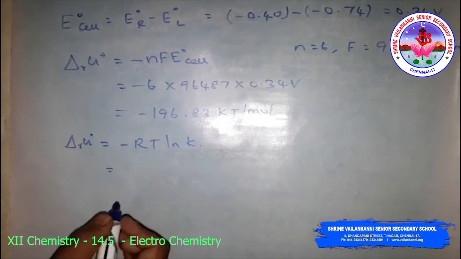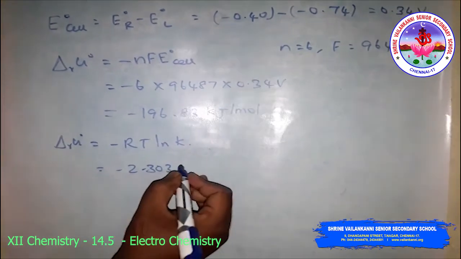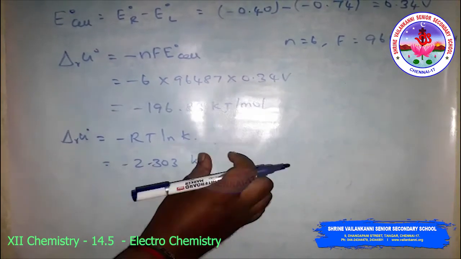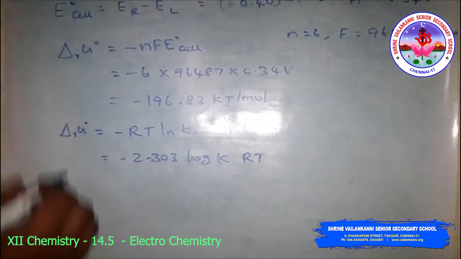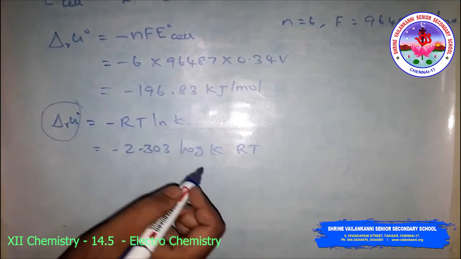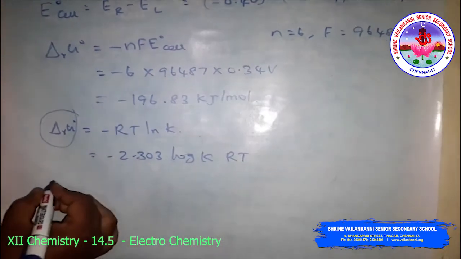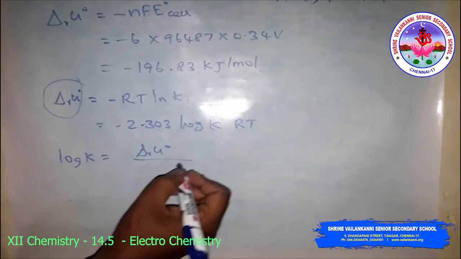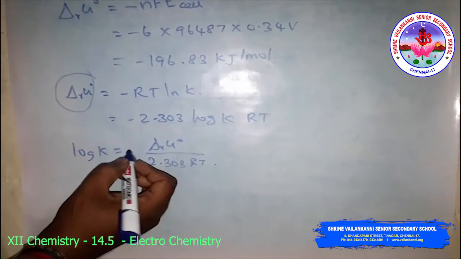After converting ln to log, you have to multiply by 2.303, so minus 2.303 RT log K. Now we know the standard free energy of the reaction, and we have to find the equilibrium constant, log K. Rearranging this equation, log K is equal to minus delta R G naught divided by 2.303 RT.